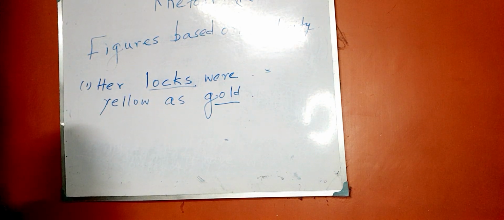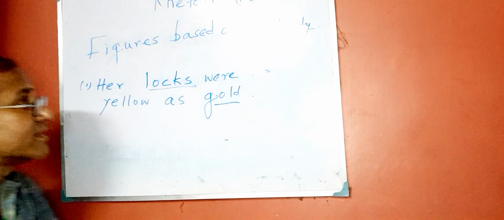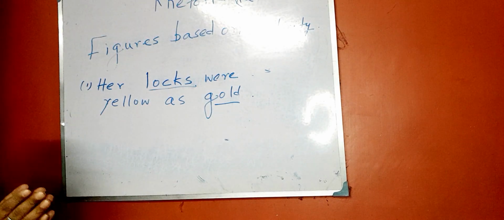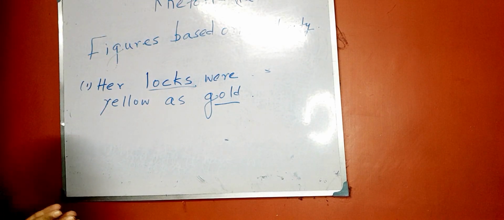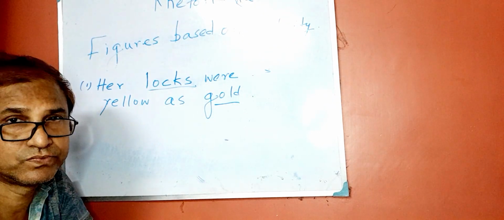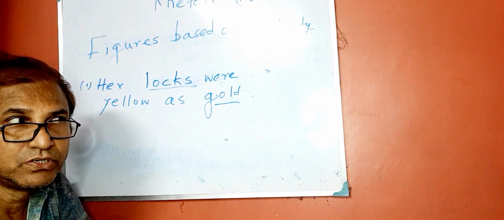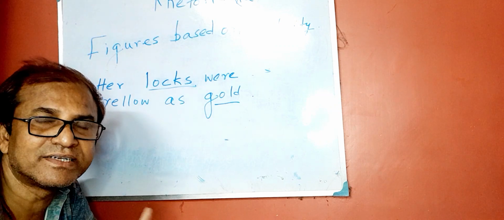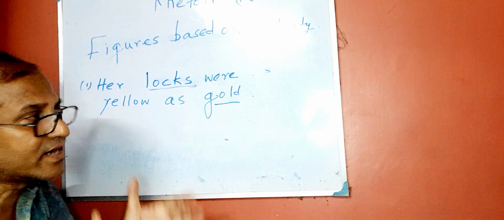In simile, we know that two different things, two unallied objects, two objects different in nature are compared.